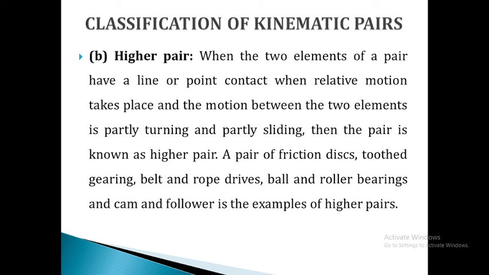In the case of a cam and follower, the cam is connected with the follower with a line contact, so this type of pair is a higher pair. A pair of friction discs, tooth gearing, belt and rope drives, ball and roller bearings, and cam and follower are examples of higher pair.